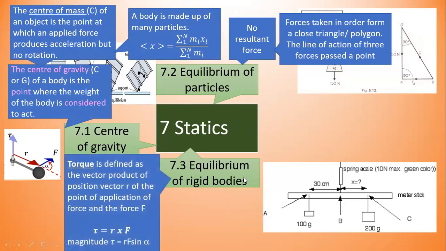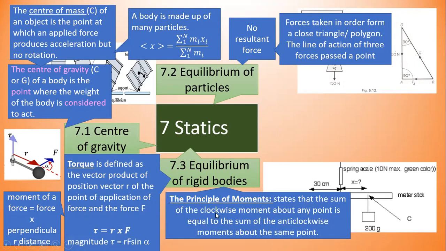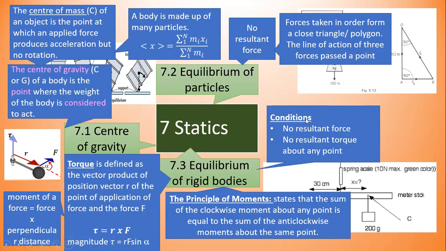Under equilibrium of a rigid body, we define torque, or moment of force, as force times perpendicular distance. Then we define our principle of moments: sum of clockwise moments equals sum of anti-clockwise moments. And the condition for equilibrium: no resultant force, no resultant torque at any point.